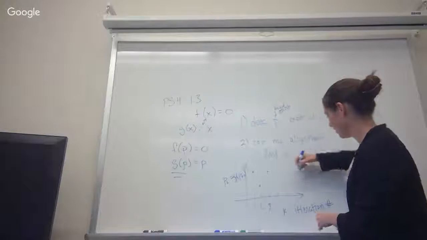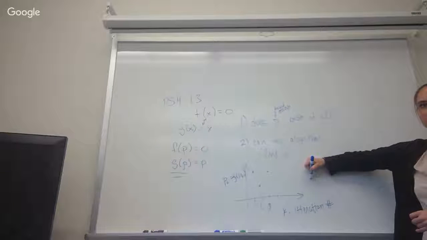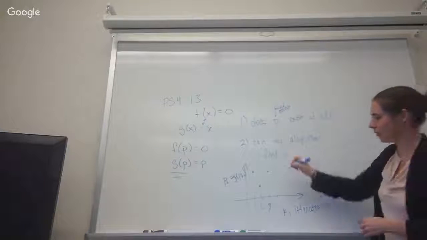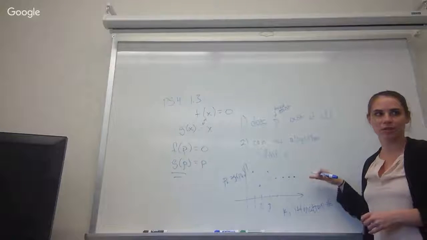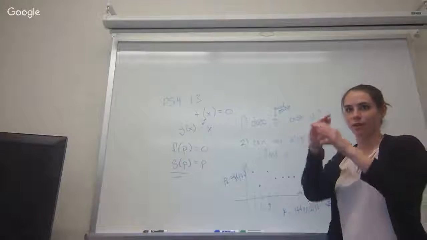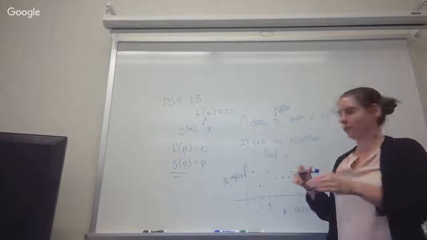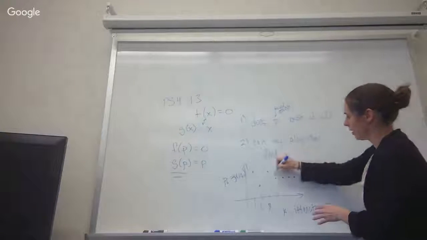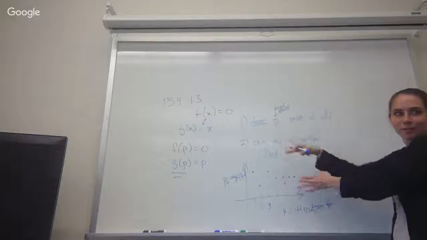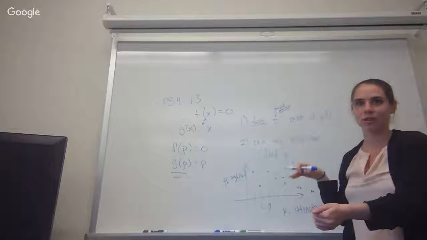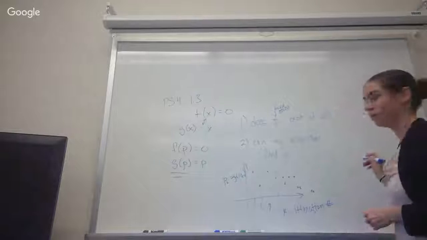The question is, what is it doing in the long term? Is it getting closer and closer to the value, which would be converging? Or is it getting larger and larger, which would be going away from the value?